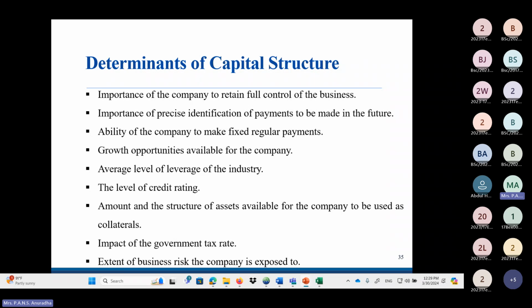And also the tax rate. You know that with the tax, debt capital is getting an advantage, tax shield. If the company tax rate is going to increase, or the government is going to increase the tax rate, to take the advantage of this tax shield, you can increase borrowings to a certain level. Extent of the business risk.